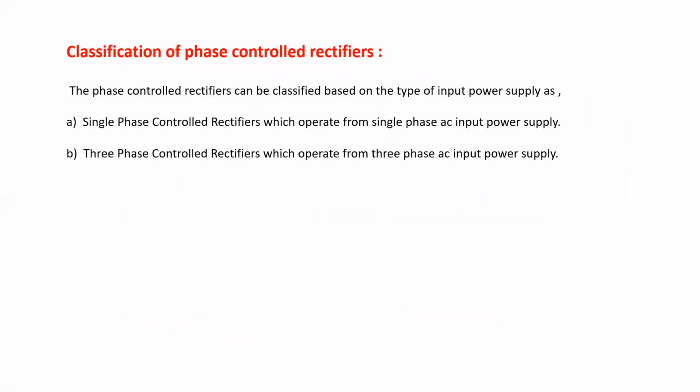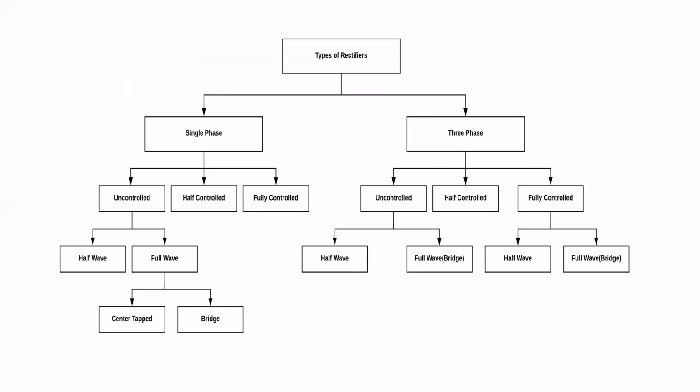Now let us see the classification of phase control rectifiers. Phase control rectifiers can be classified based on the type of input power supply as single phase controlled rectifiers, and second, three-phase controlled rectifiers, which operate from the three-phase AC input power supply. Now we'll go into detail on the classification. The chart indicates single phase and three phase divisions.